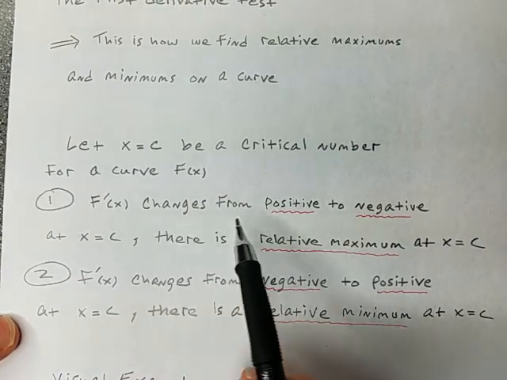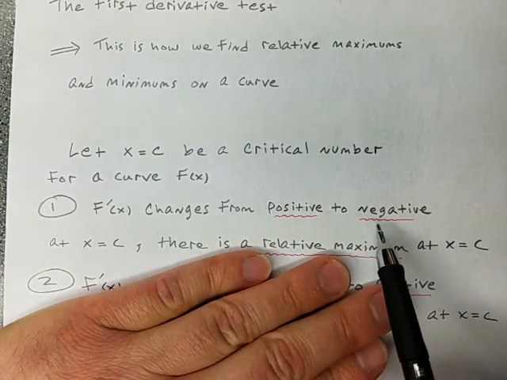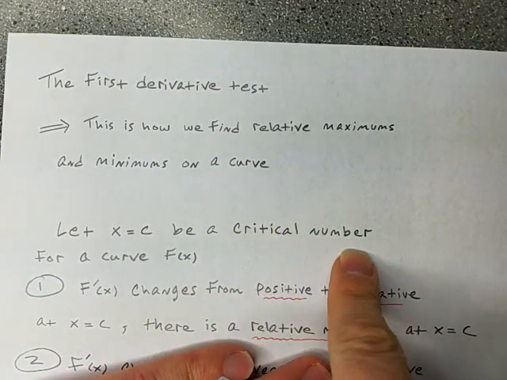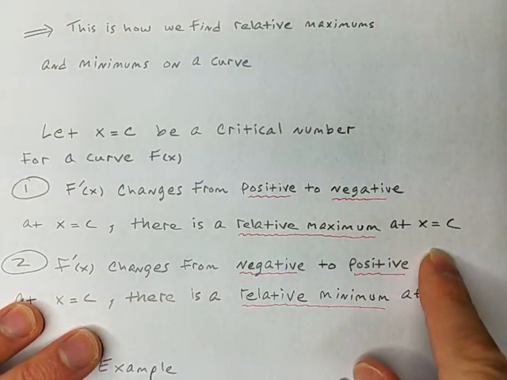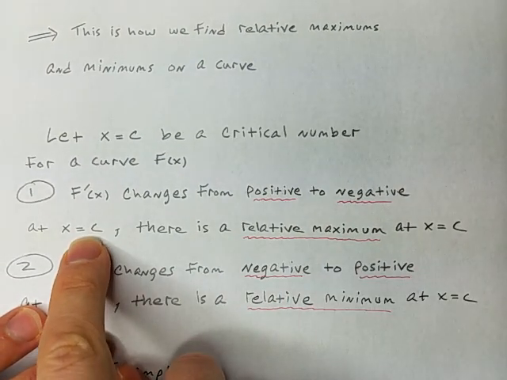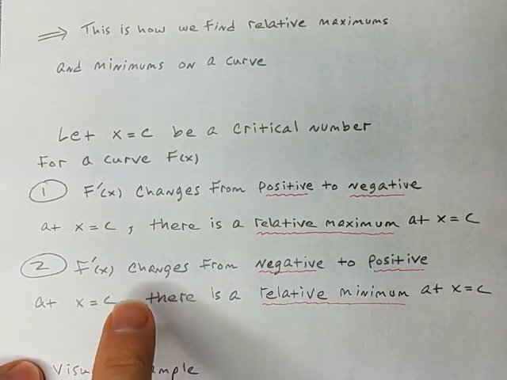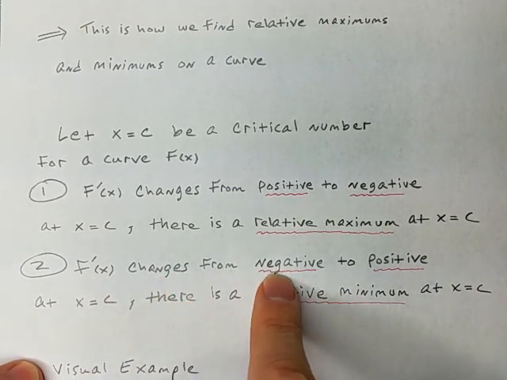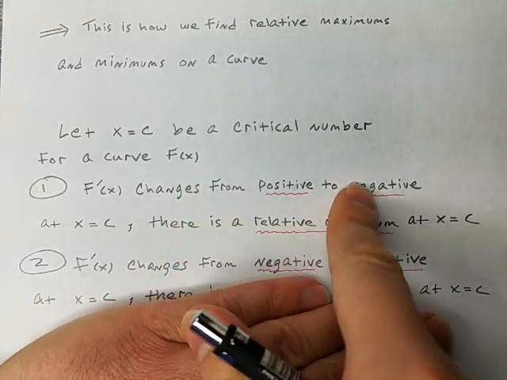If the derivative changes from positive to negative, what's that mean? Rising to falling. So think, rising to falling, there must be a maximum at point C, if C is where the transition occurs. And if f prime changes from negative to positive, what's that mean? Falling to rising.